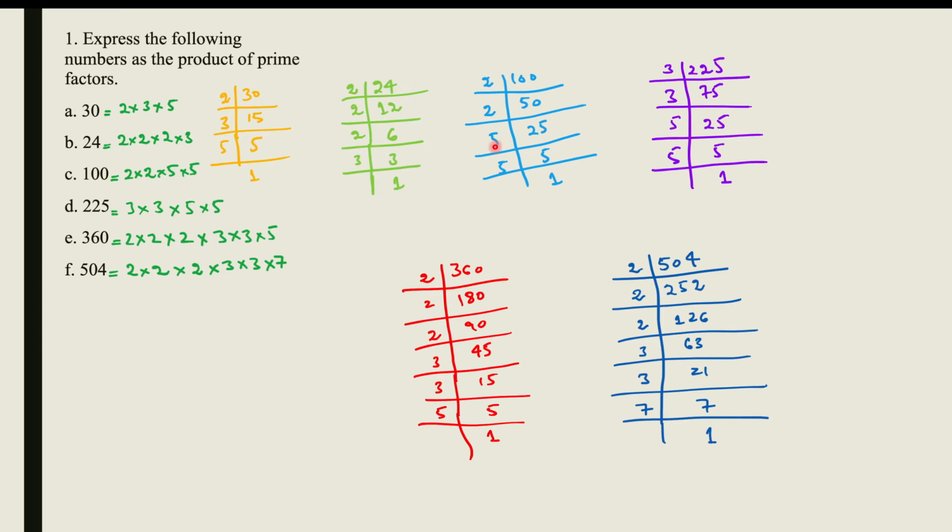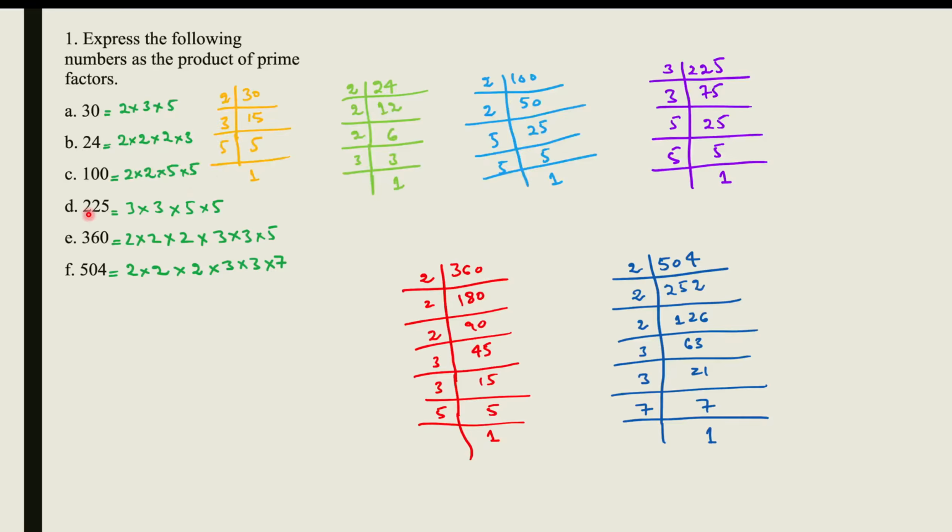So if we move to the third prime number, that is 5, so 5 multiplied by 5 is equal to 25, and then 5 multiplied by 1 is equal to 5. So the factors that we get are 2 multiplied by 2 multiplied by 5 multiplied by 5.